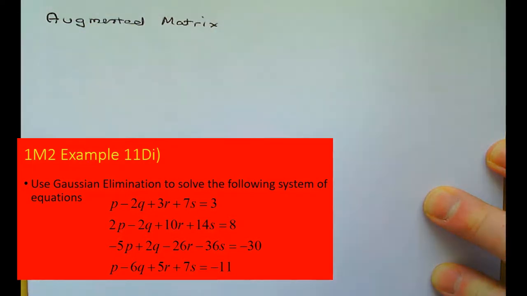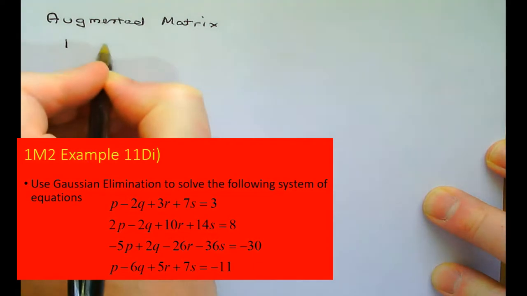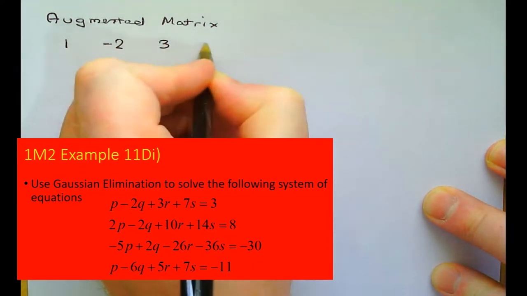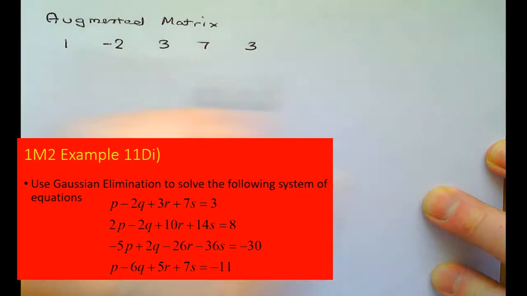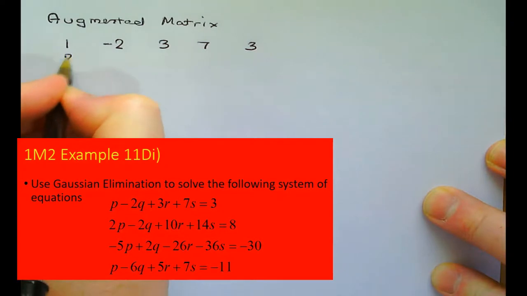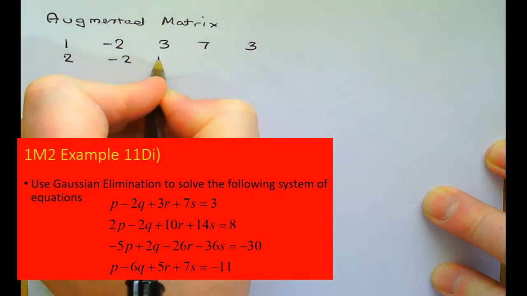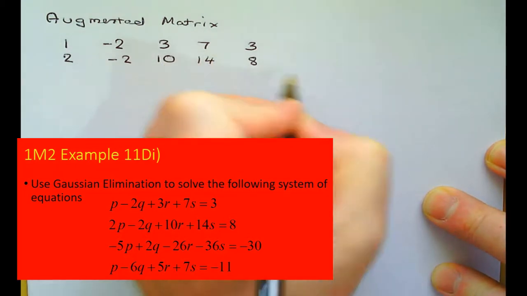We take the coefficients, so we have 1p minus 2q plus 3r plus 7s is equal to 3. We have 2p minus 2q plus 10r plus 14s is equal to 8.